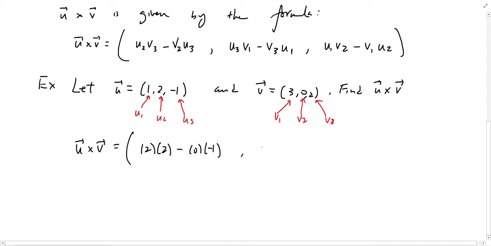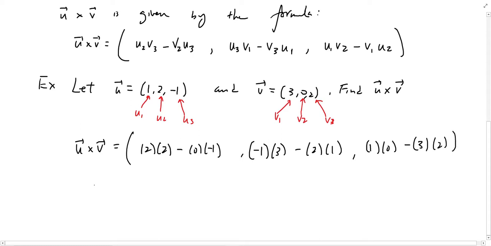All right, the middle one is u3, which is negative 1, multiplied by v1, which is 3, minus v3, which is 2, multiplied by u1, which is 1. The last one is u1, which is 1, multiplied by v2, which is 0, minus v1, which is 3, multiplied by u2, which is 2.